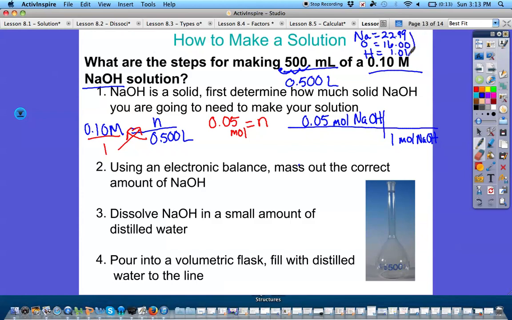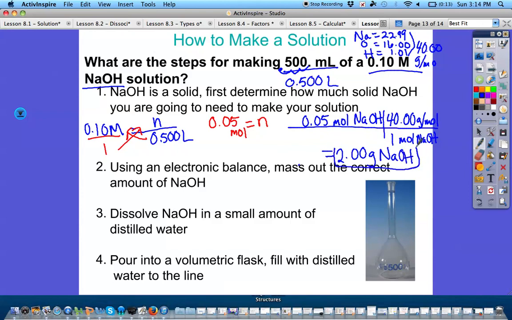Add those together and you should get 40.00 grams per mole. 0.05 times 40 is going to give you a mass of 2 grams of sodium hydroxide.